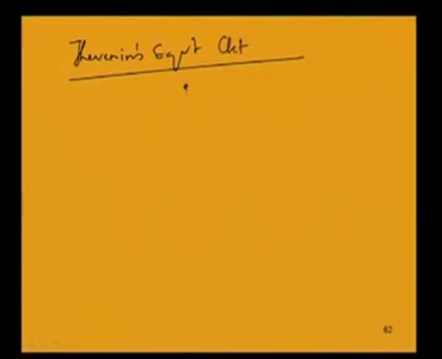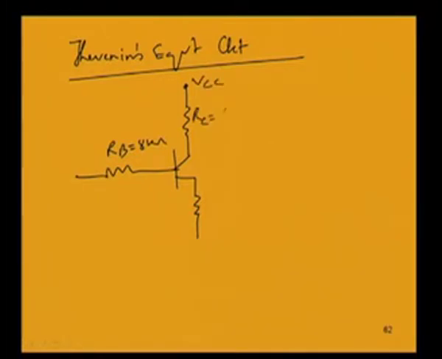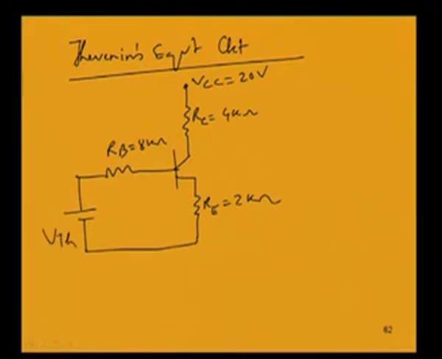If we draw it replacing this RB, which is 8 kilo ohm, this is VCC equal to 20 volt, RC 4 kilo ohm, RE equal to 2 kilo ohm, and we need to know the Thevenin's equivalent voltage. So what is the Thevenin's equivalent voltage?